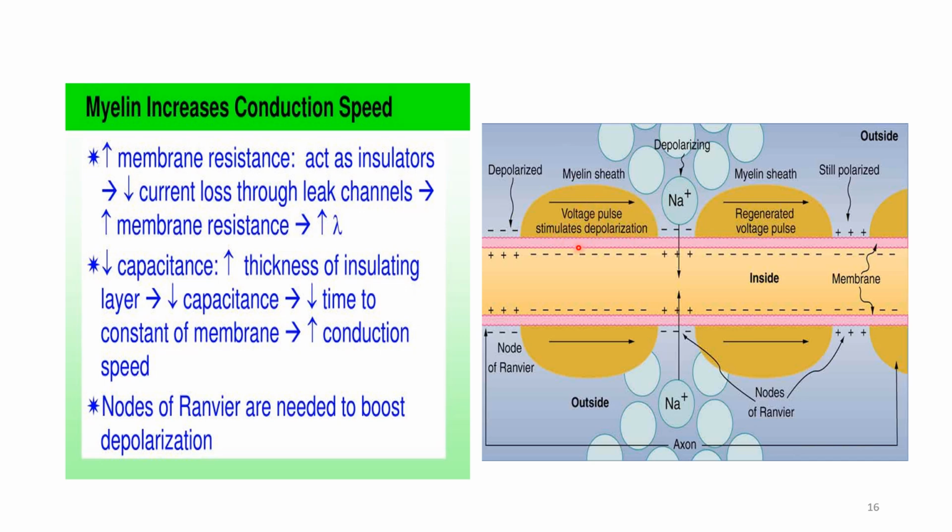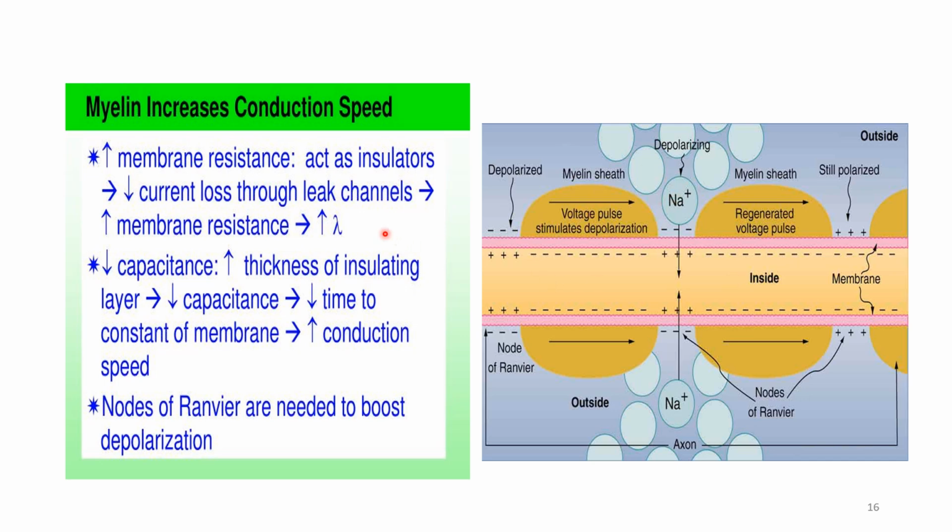So capacitance is decreased. So there is a decreased time constant of the membrane, tau. So there is increased speed. We have already seen that if there is increased lambda and decreased tau, then there is faster conduction. Exactly this is happening by our myelin sheath.